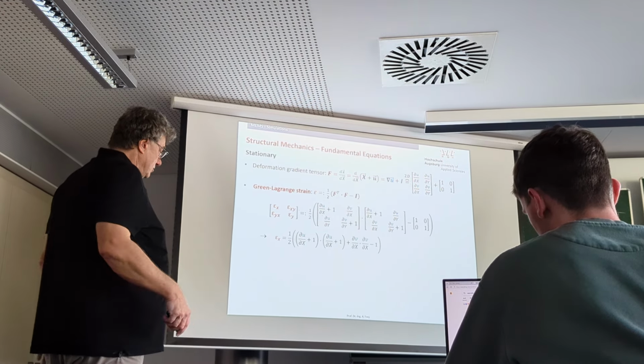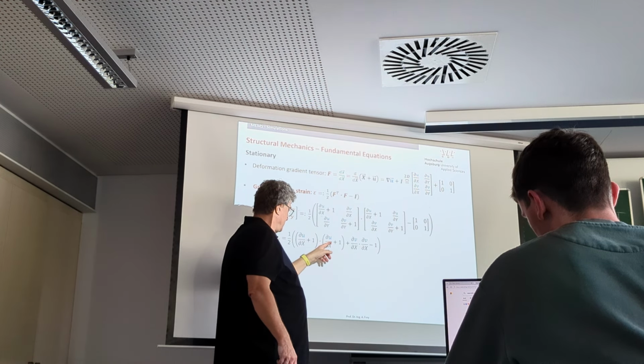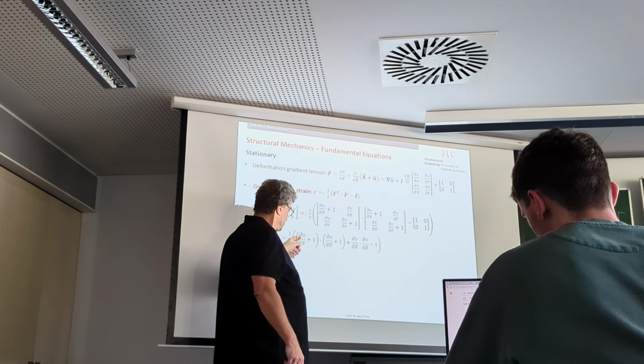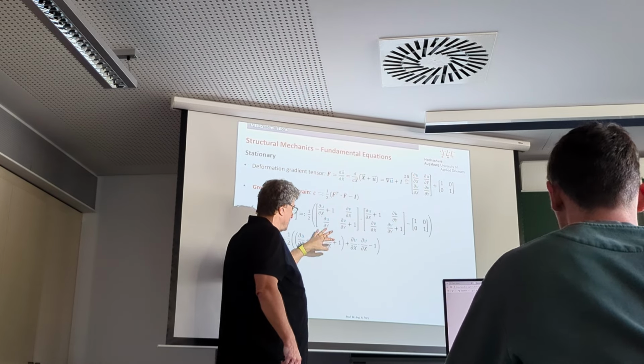And then you can also make further calculations. You can multiply the two brackets, so obviously you get du over dx, du over dx squared.